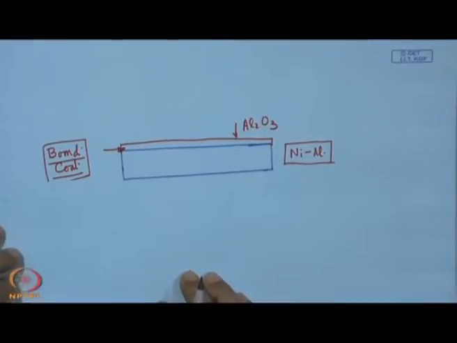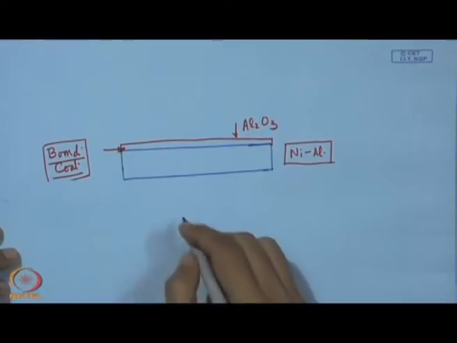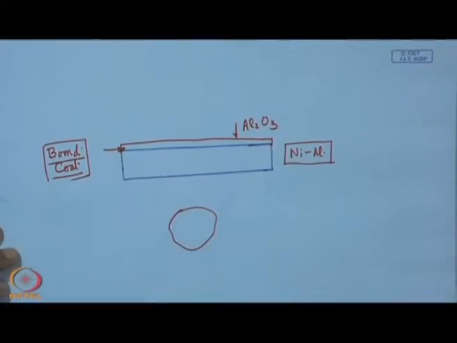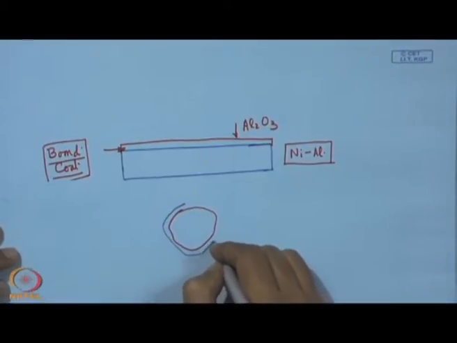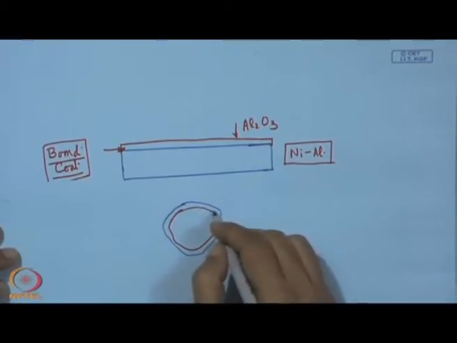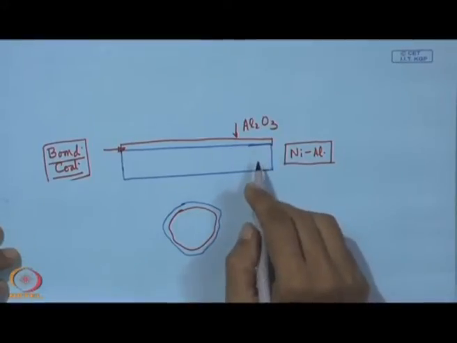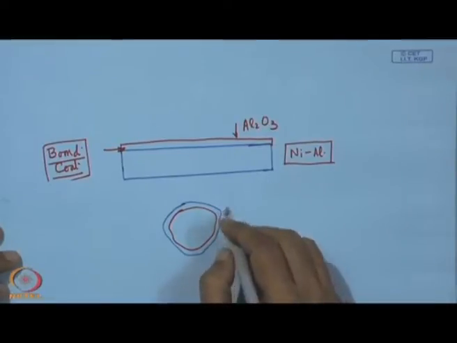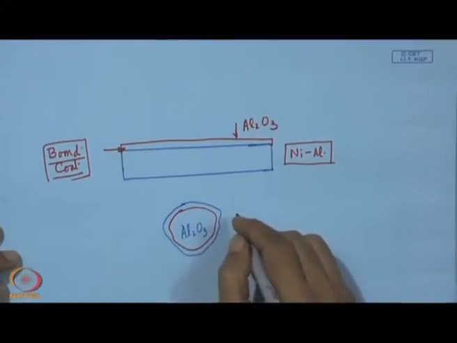But there are also some attempts to use a metal coated aluminum oxide. Say this is an aluminum oxide particle, this can also be coated with some metal, which will be melted, and with this metal coating, even without having a bond coat on the steel, there is a fair chance of having good wettability and good sticking coefficient.